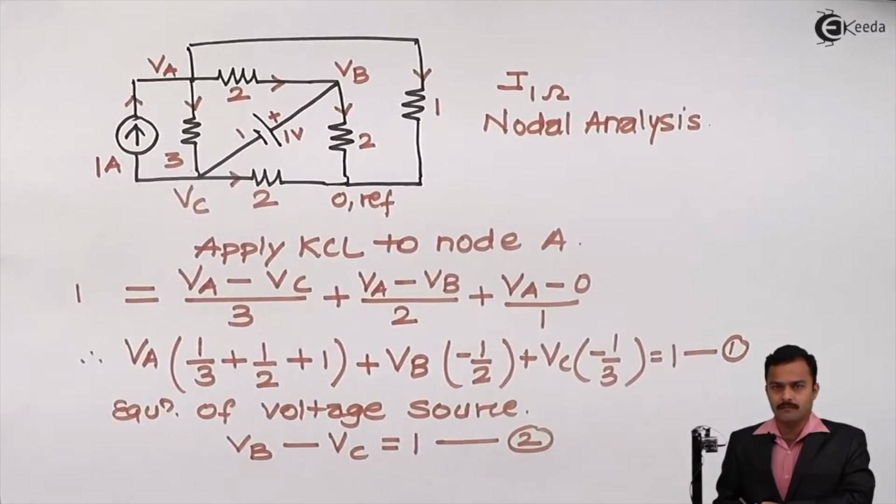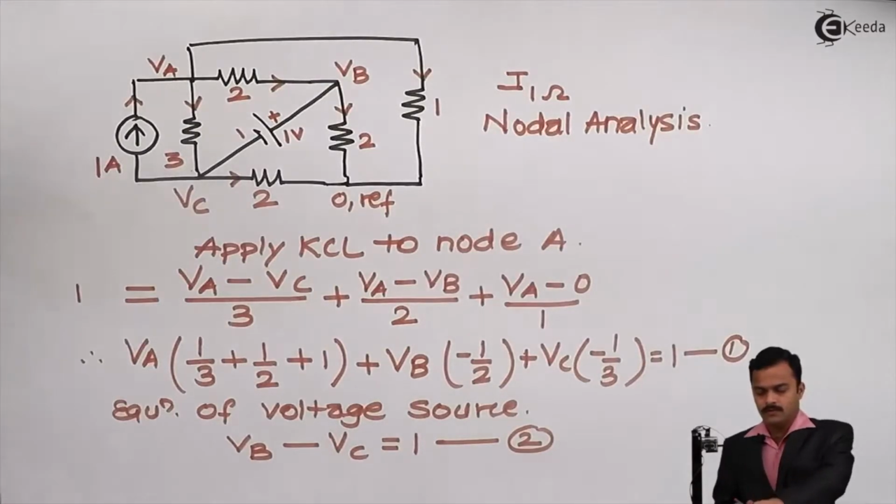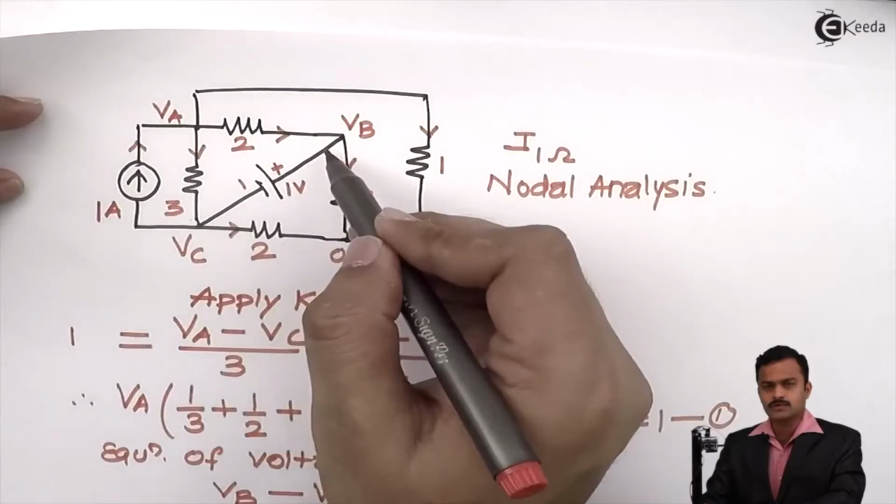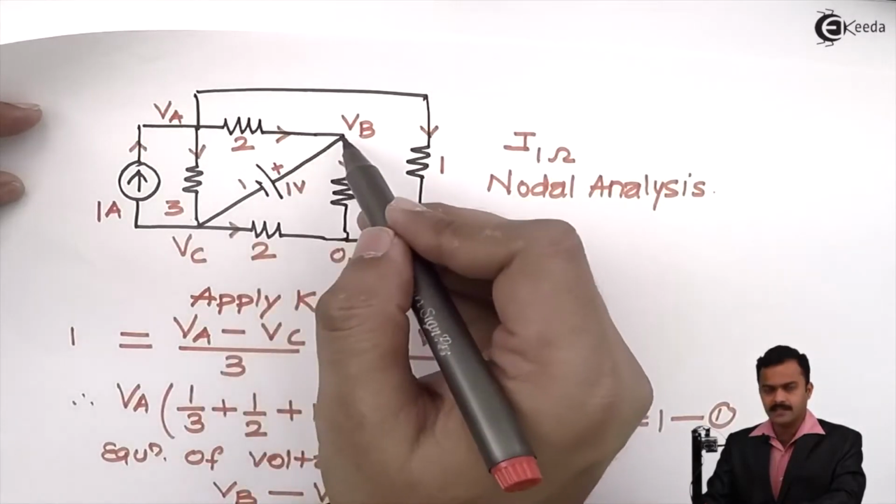This is equation number 2. Now to get a third equation, I need to apply KCL to the supernode. How are we forming a supernode? We are considering that between points B and C this voltage source is not there, it's simply a straight wire.